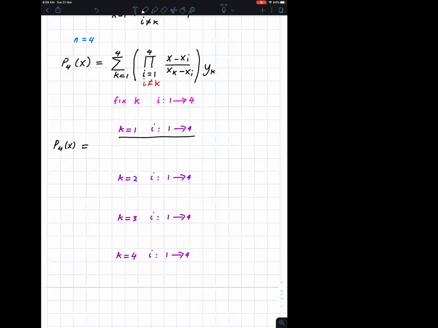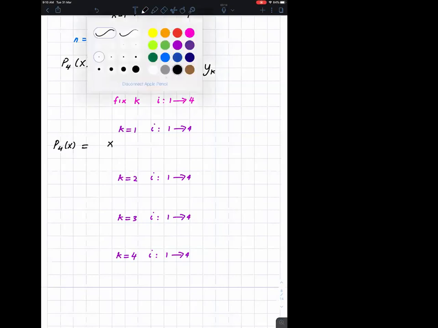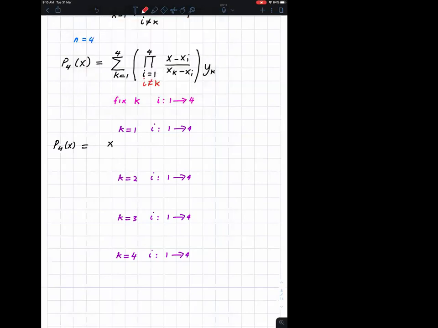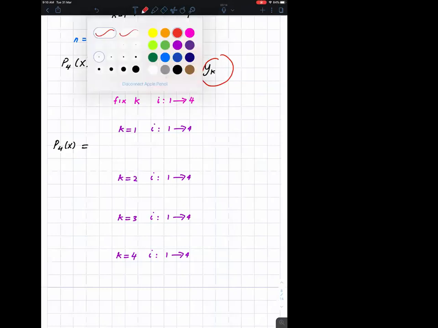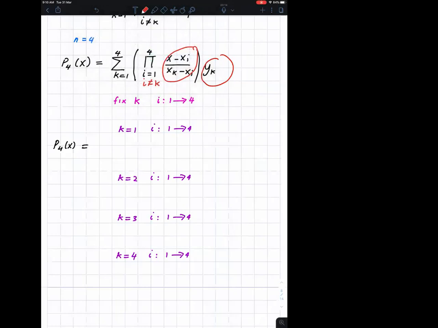Okay, let's evaluate this. I'm going to substitute that in this formula here. First, what is your k? k is 1.